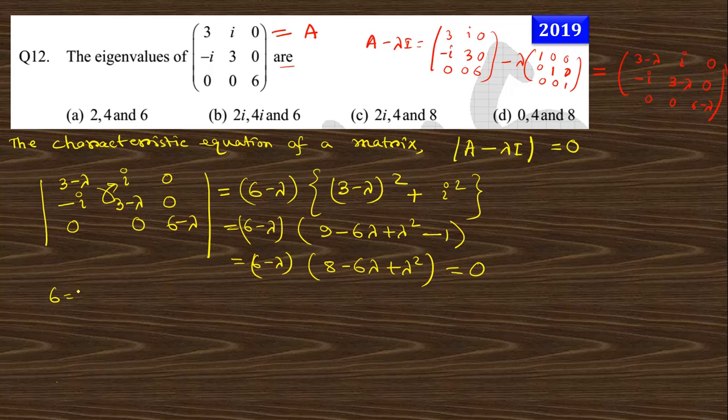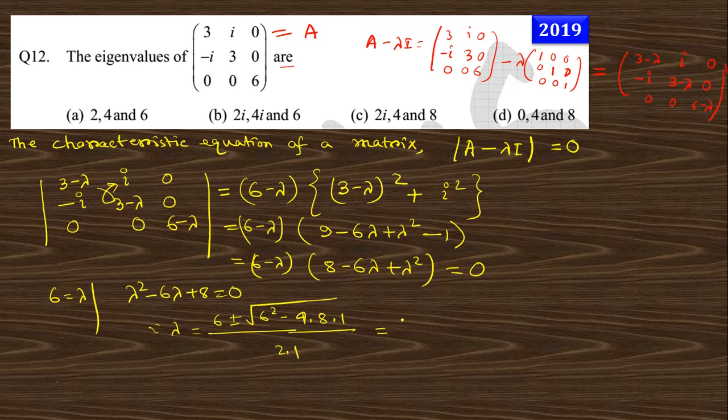So lambda equal to 6 is one solution, and the other is lambda square minus 6 lambda plus 8 equals 0. So lambda is minus b plus or minus root of b square minus 4ac, over 2a.